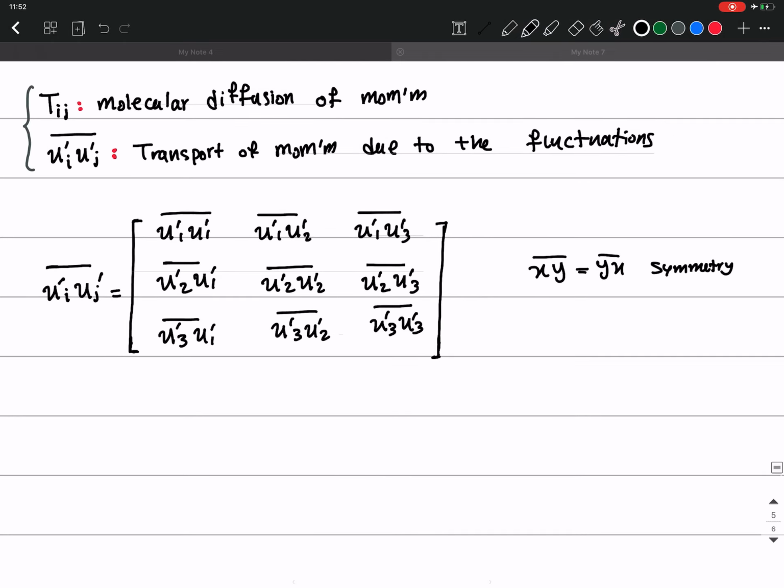So the only unknowns of this matrix are u prime i, u prime j.